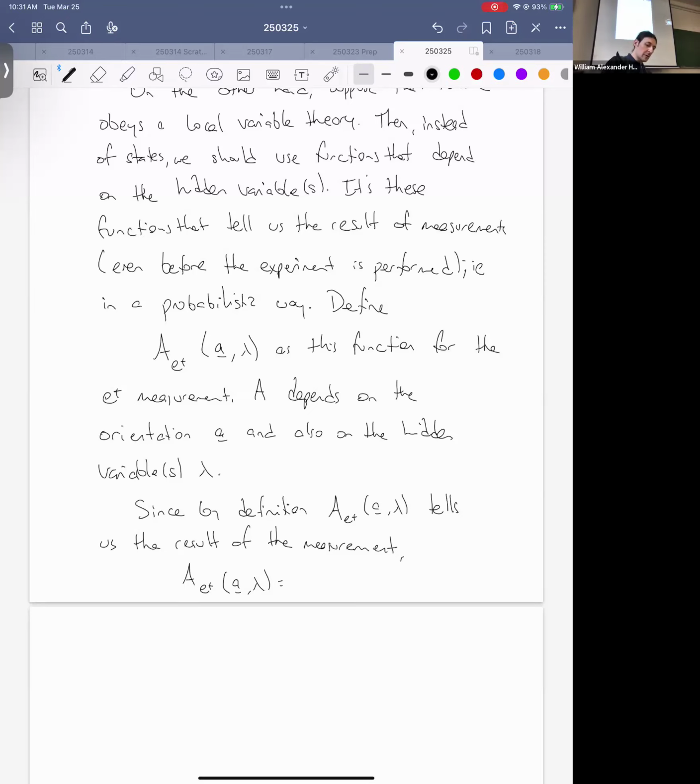Exactly, plus or minus one. So even though we're imagining that there's some kind of deeper result below quantum mechanics, we know that the measurements are discretized. We can only ever measure plus or minus one. Okay, good.